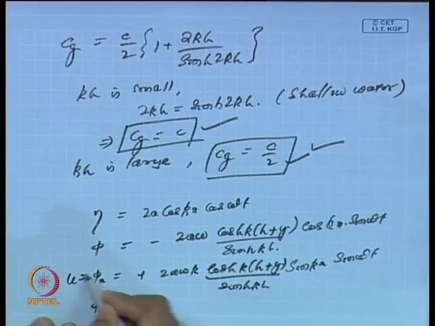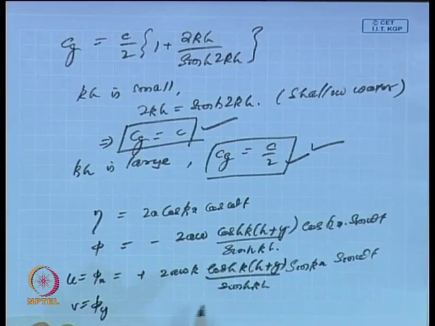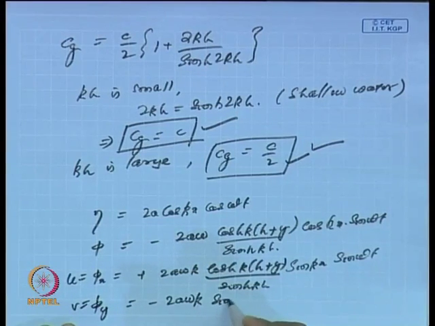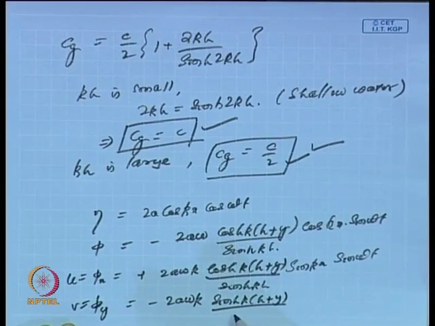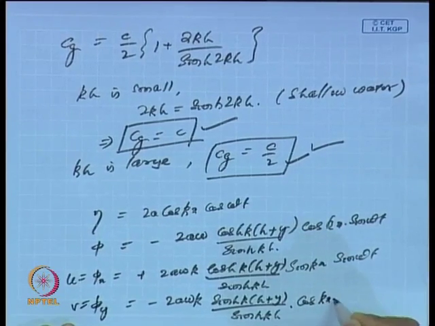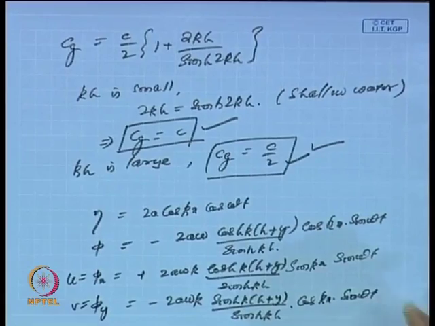Phi x is nothing but u, phi y is nothing but v, and phi y will be minus 2a omega k, again this will give me sinh k into (h plus y), times sin omega t.